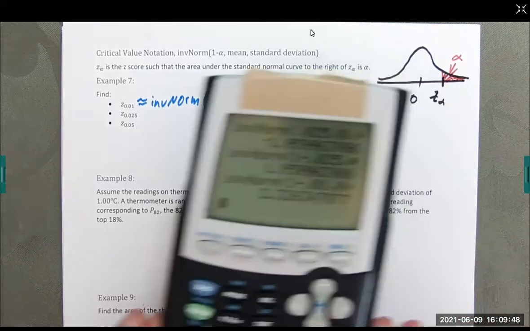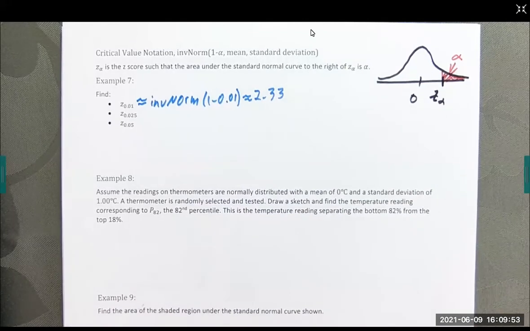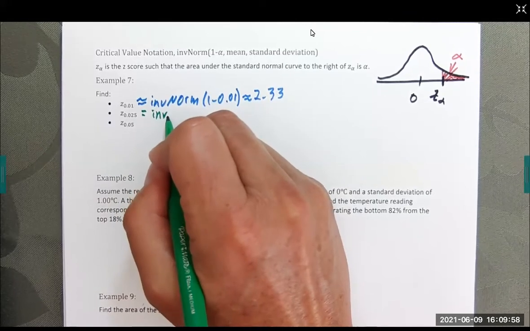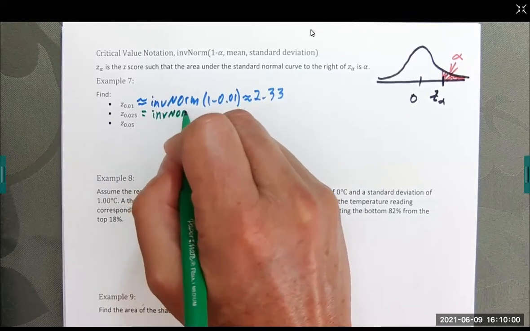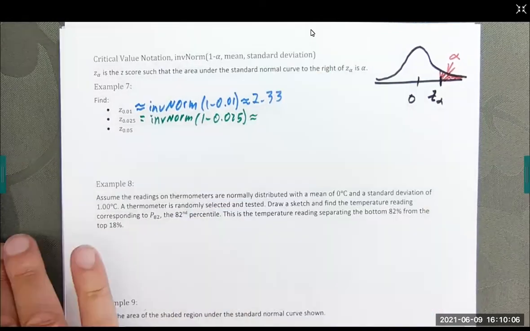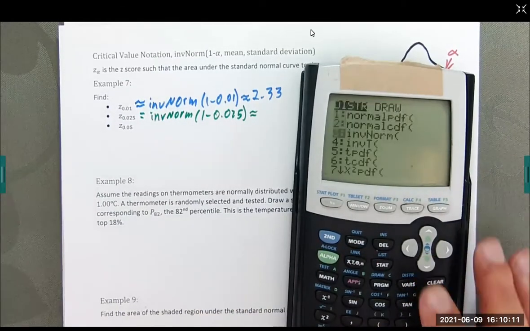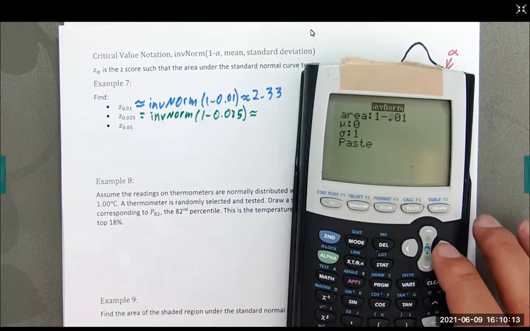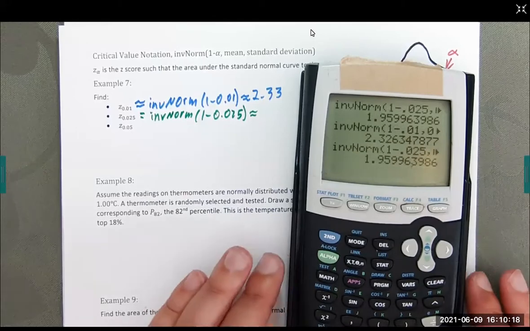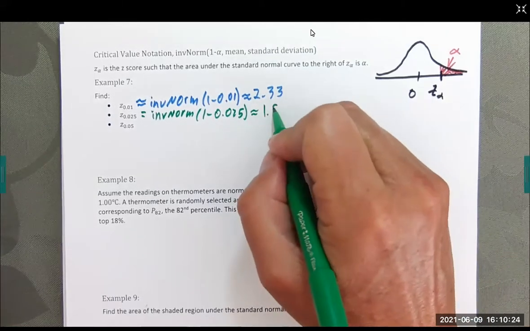2.33. This will be inverse norm 1 minus 0.025. One minus 0.025. So for these critical values, it's always going to be the 1 minus. 1.96, pardon me.